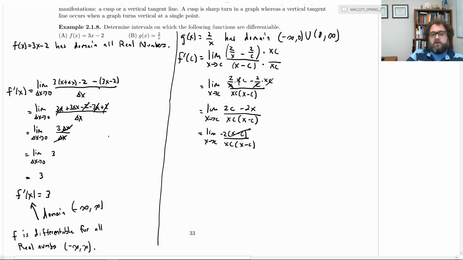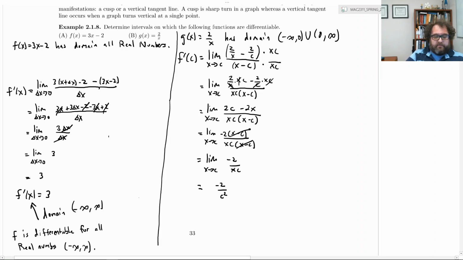And now those two terms cancel off, leaving us with the limit as x approaches c of negative 2 over xc. Now we're taking the limit as x goes to c, so we replace any x values with c. And so we drop the limit notation, we get negative 2 over c times c, which is c squared. There we are. So the derivative at c is negative 2 over c squared.